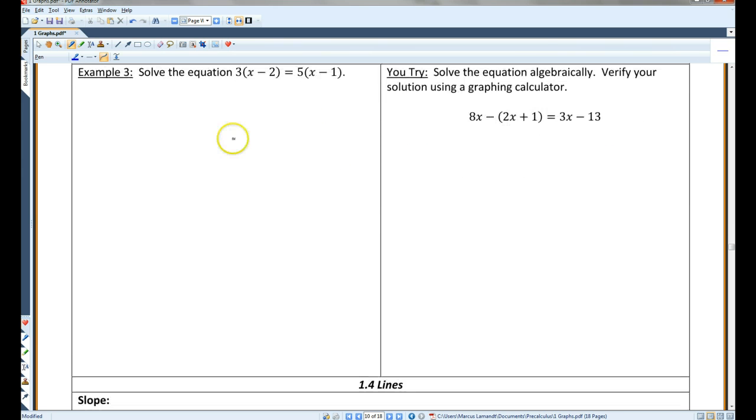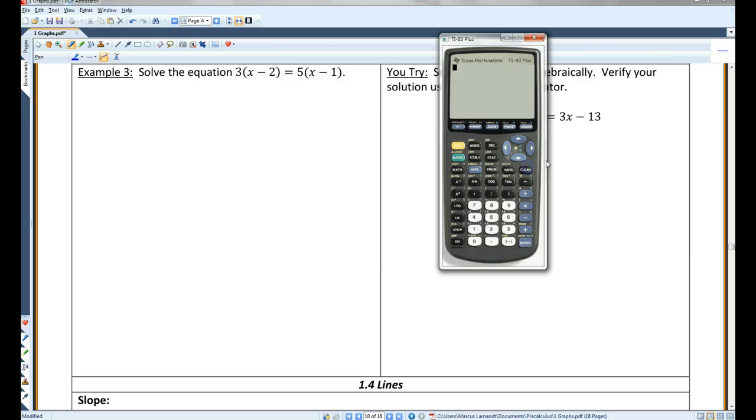So I'm going to go to y equals and plug in 3 times x minus 2 for the first part. And on the other side, I'm going to plug in the expression on the right side of the equation, 5x minus 1. And then graph.